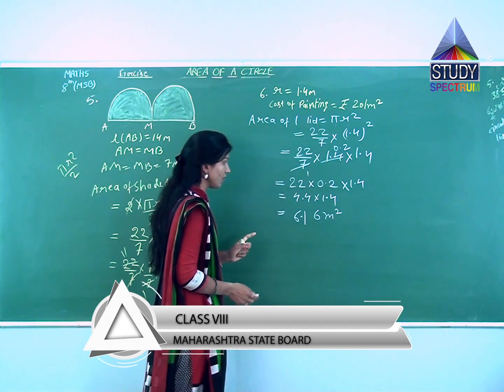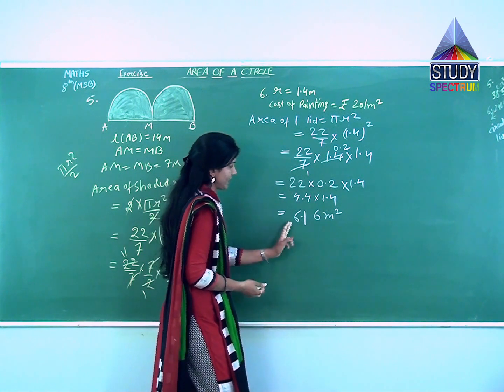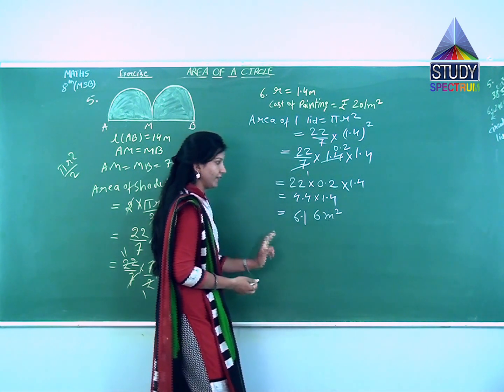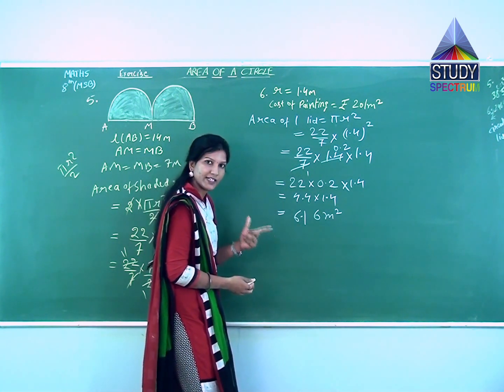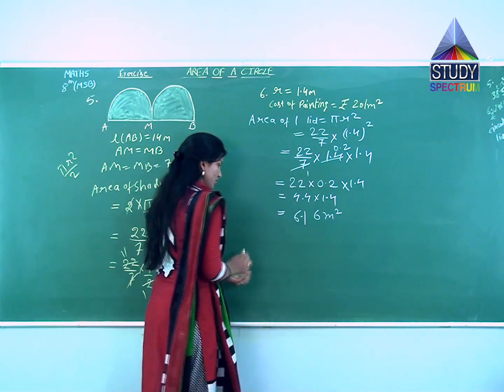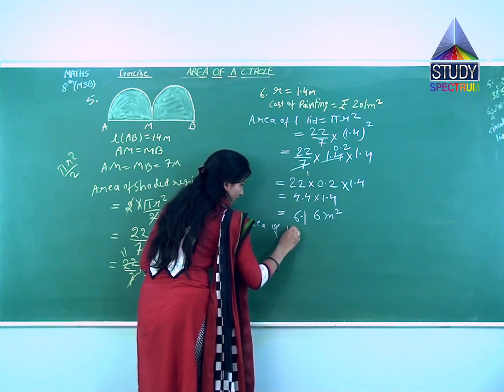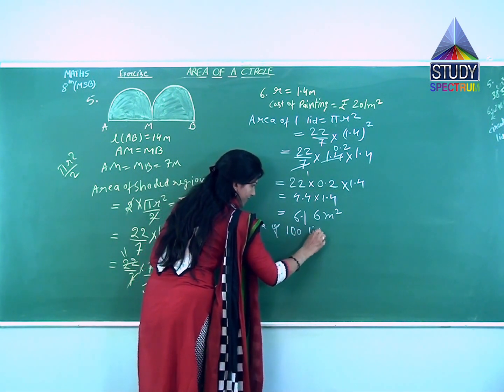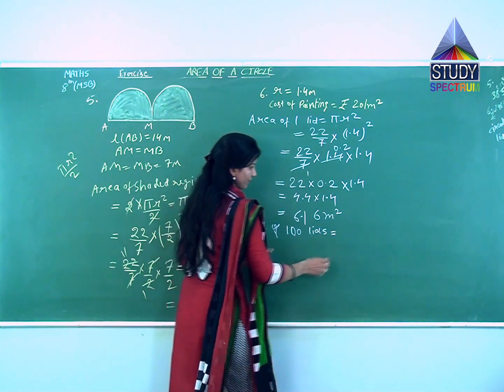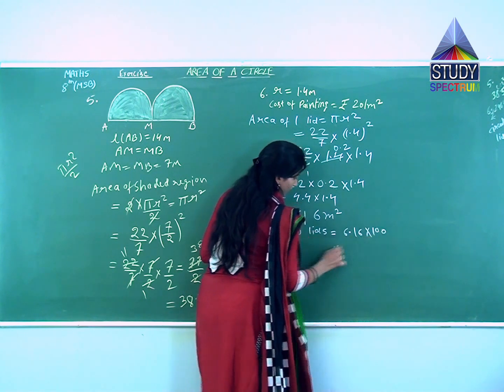Now, if the area of one lid is 6.16 meter square, then the area of 100 such lids will be 6.16 into 100. So here area of 100 lids is equal to 6.16 into 100.